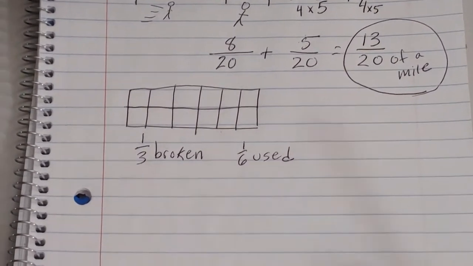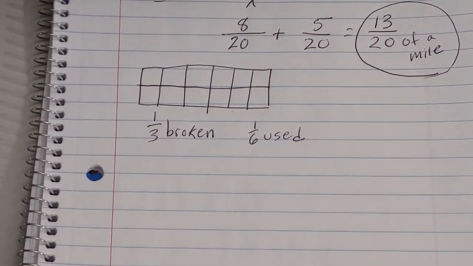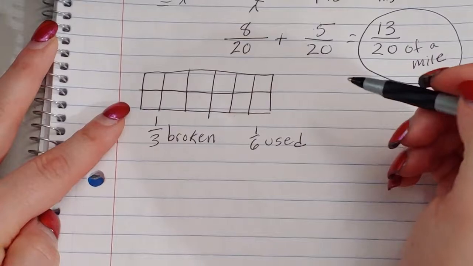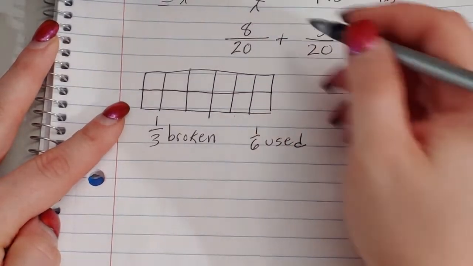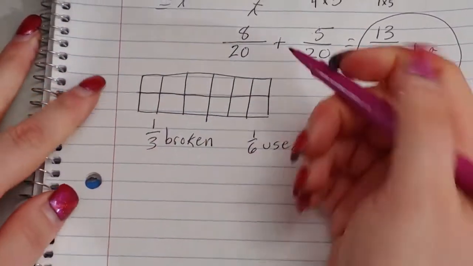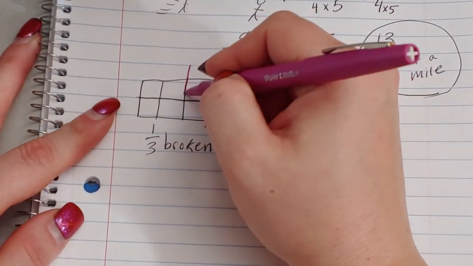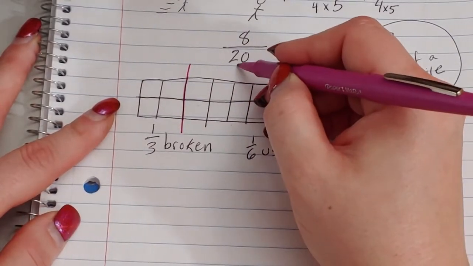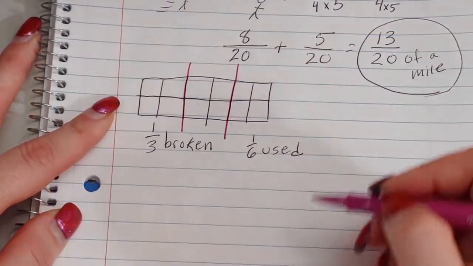Pause here. See if you can find the thirds. Okay, the thirds. We need to cut this into 3 equal sized pieces. I'm going to grab another color just to make it a little easier. So I always extend my cutting lines outside of the box just so that way I can really see them.